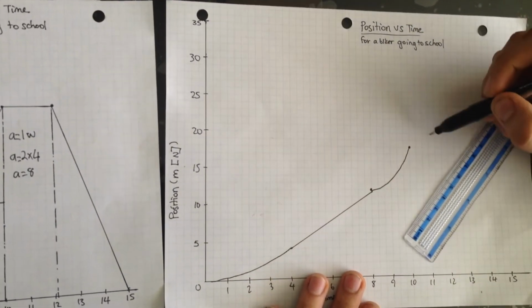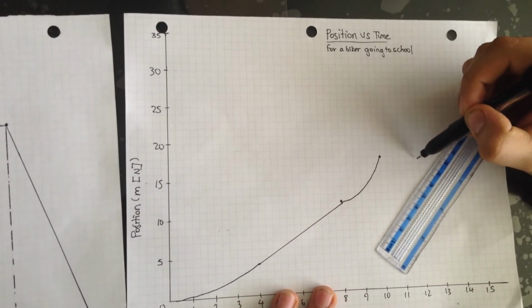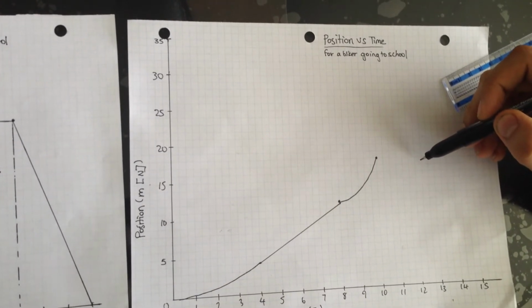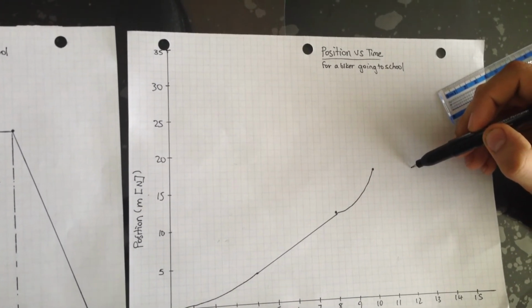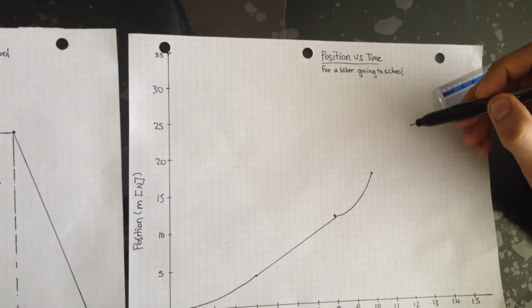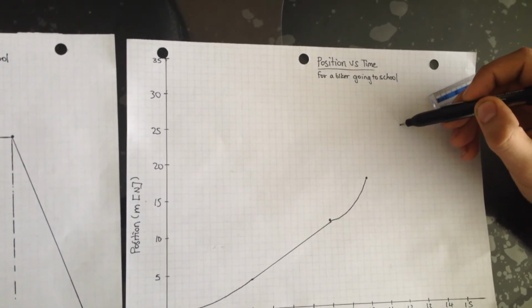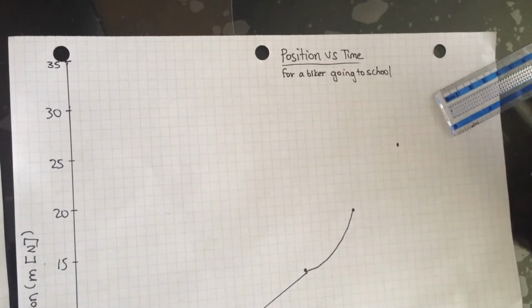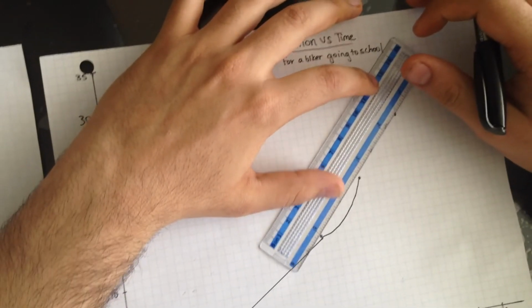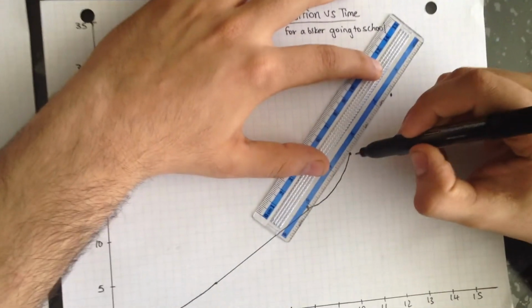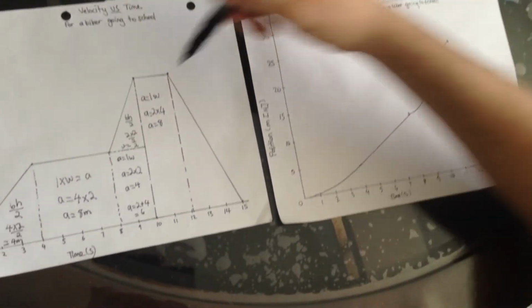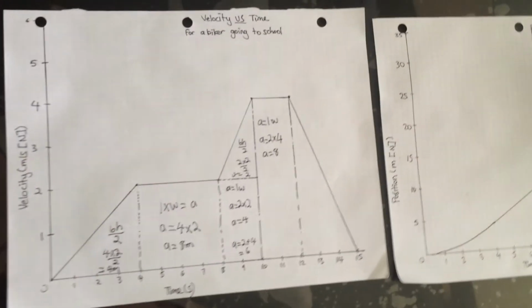We have here 12 seconds, and our current position is 18, so 18 plus 8 is 26, so it's here. Now we draw a straight line from here to here. There we go. That's the 10 seconds to 12 seconds mark.